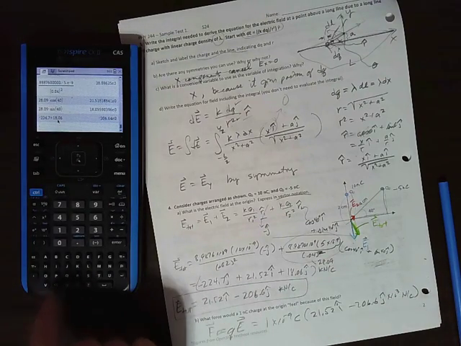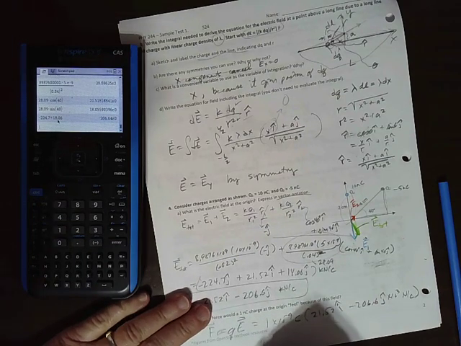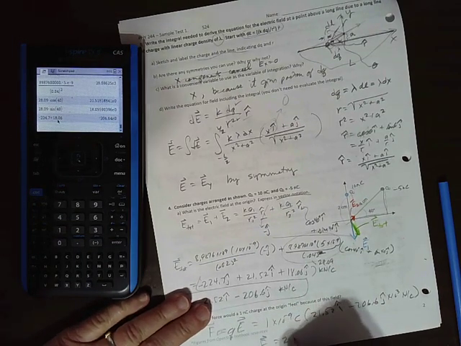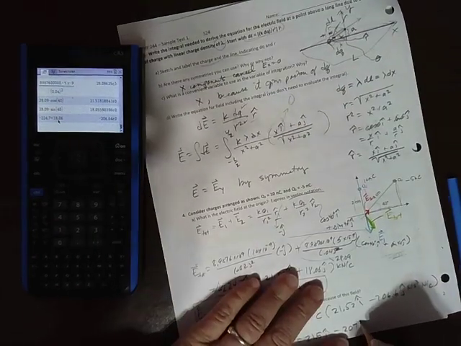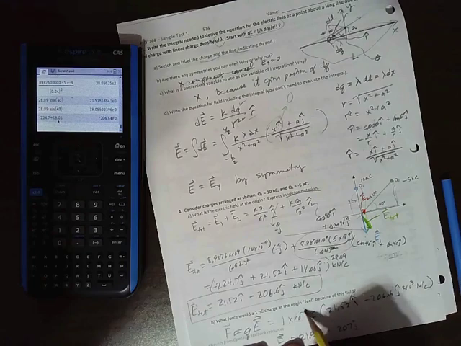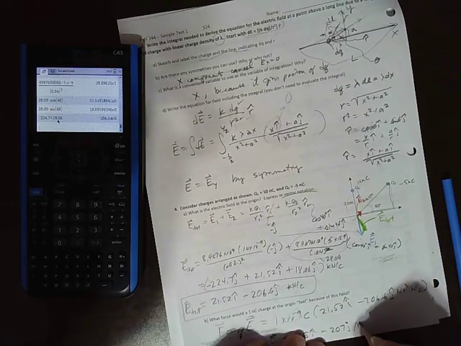So, yeah, it's just a 1. So the force is 21.5 I hat minus 207 J hat. And we got 10 to the negative 9 and 10 to the positive 3, so 10 to the negative 6, so micronewtons.